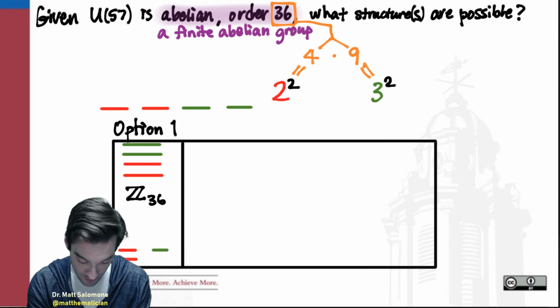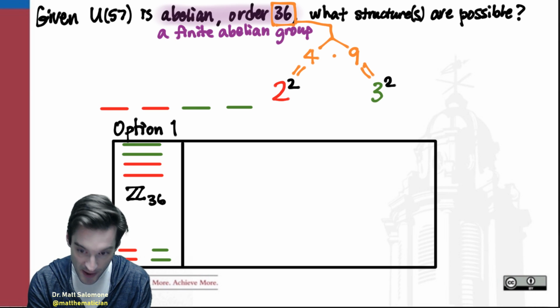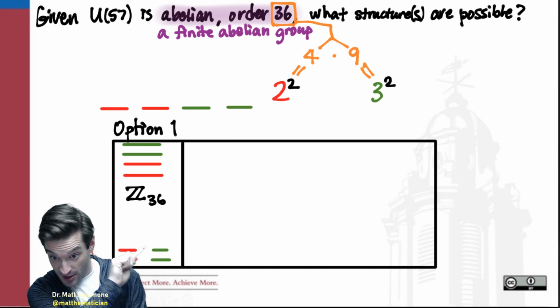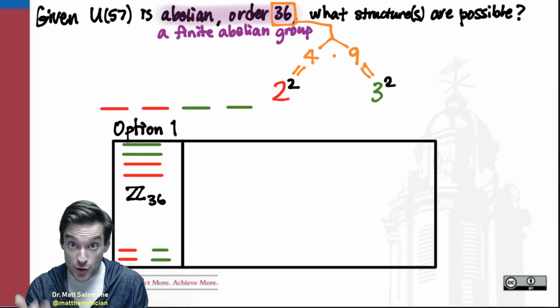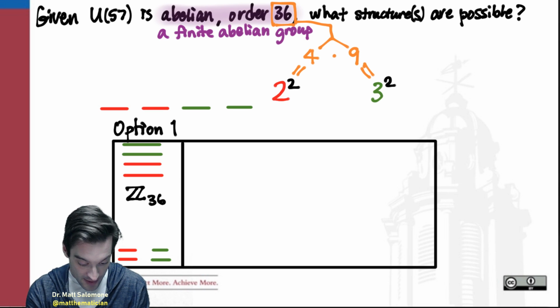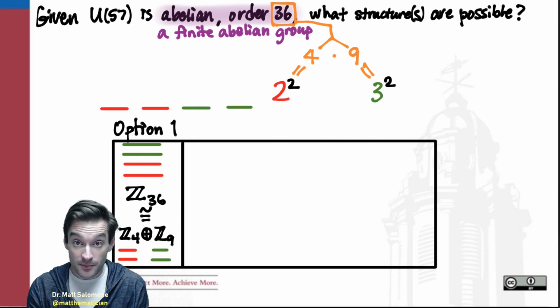So just by unstacking these chips, I haven't actually gotten myself a new group because I've just followed the rules of the stack it game. When I unstack them like this, the group that I have now is Z4 direct product Z9. So those groups are isomorphic. So I haven't gotten something different by using a legal stack it move.